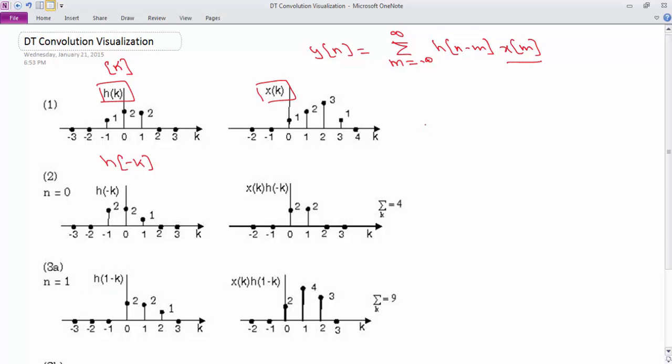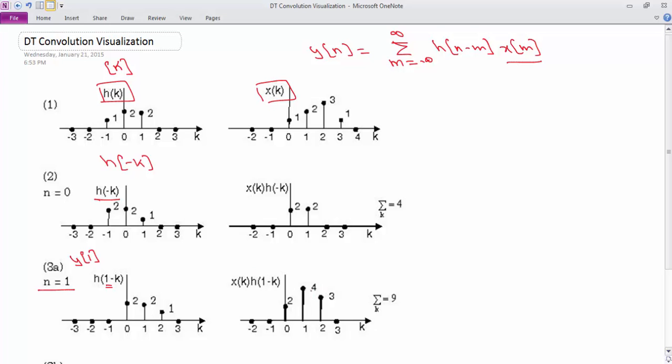And now if you are interested in computing y of 1, then you simply shift this by 1 to the right. So 1 is positive, so you shift this flipped version to the right. You multiply the two, and you then add up all the values.